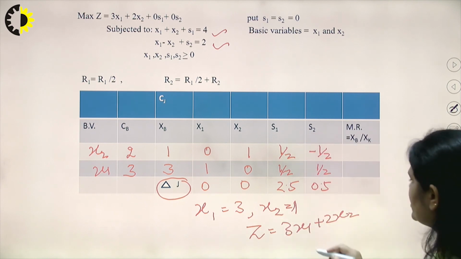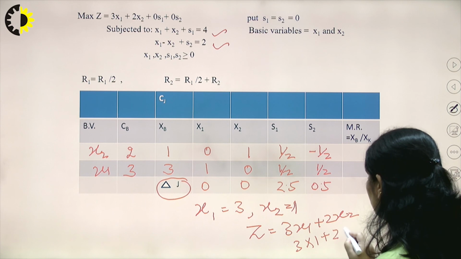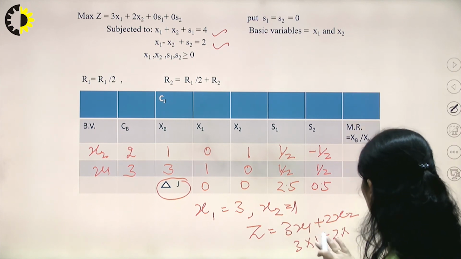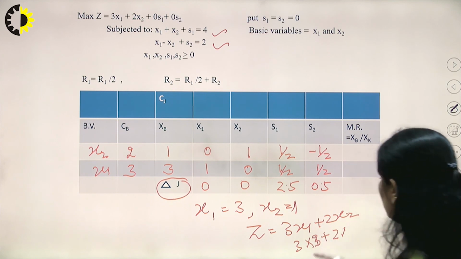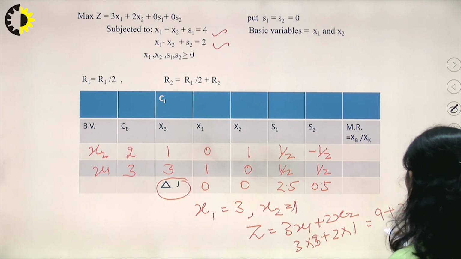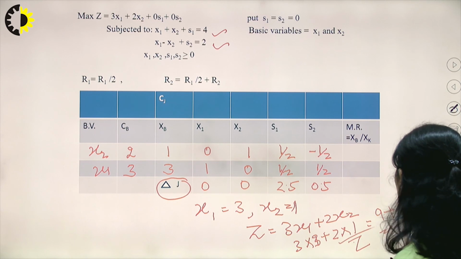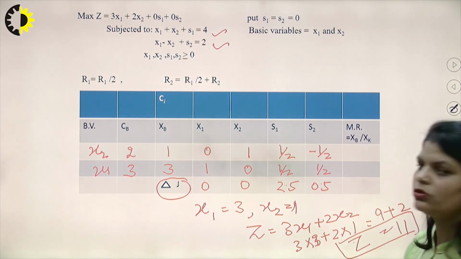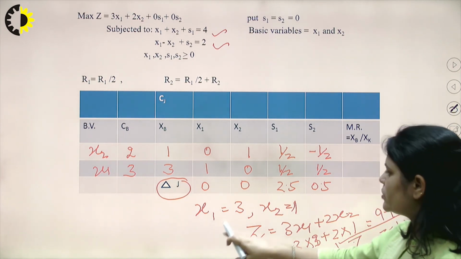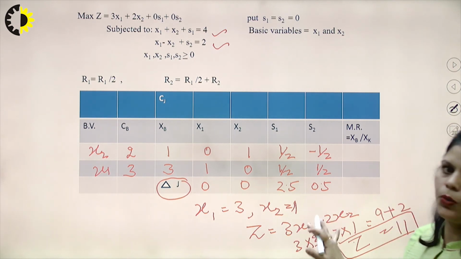So we will put these values, 3 into 3 plus 2 into 1, we will get 9 plus 2, is equal to 11. So the value of the objective function at this stage is 11 and the value of basic variables is x1 is equal to 3 and x2 is equal to 1. So this is our optimal solution.